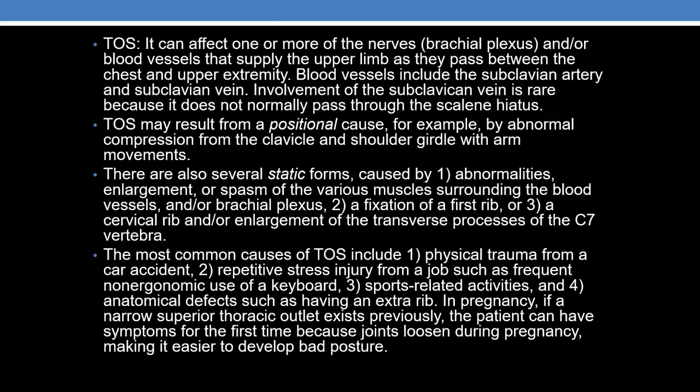Repetitive stress injuries could be due to, for example, frequent or constant use of a non-ergonomic keyboard and desktop setup. We may also see thoracic outlet syndromes in sports-related activities, and in cases where there are certain anatomic defects, such as having an extra rib.